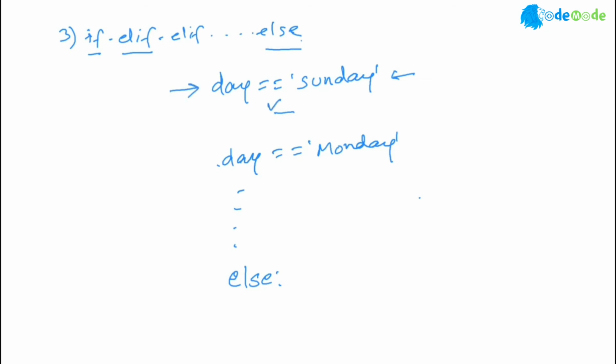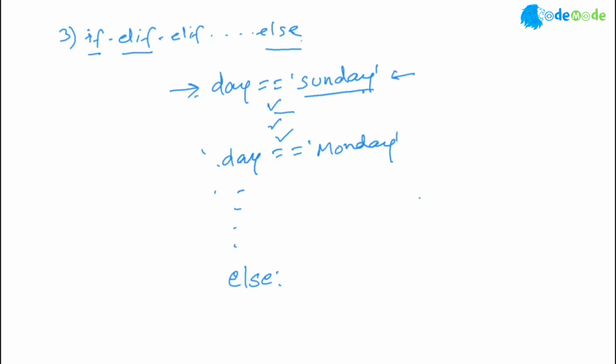That way the code will execute those lines and get out of the whole block. We don't have to check Monday, Tuesday. But if the more frequent day is Saturday and you're checking it at the bottom, then you're checking each and every condition, knowing it will be false anyway, before it comes to the bottom. So the more frequently used value goes first.